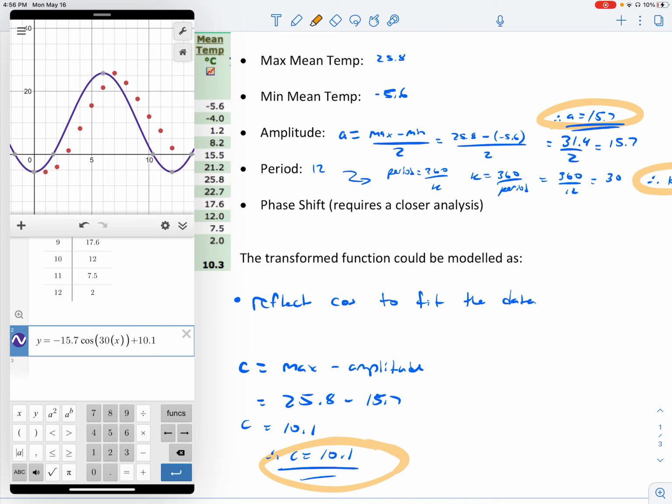So I'm thinking we still need to do a phase shift. So that's kind of why I said we'll do this last, because it's usually hard to determine this until you see the graph. So you could also think about it in picking out a key feature of cos. So cos always begins with a maximum, but because we did a reflection, because we have that negative value, negative 15, in that equation here, that means it begins with a minimum.